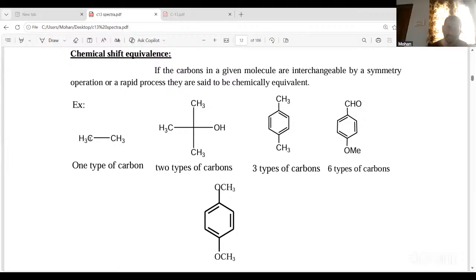For example, here the ethane. Generally, in ethane there are two carbons, two methyl groups, and it is a symmetrical one.